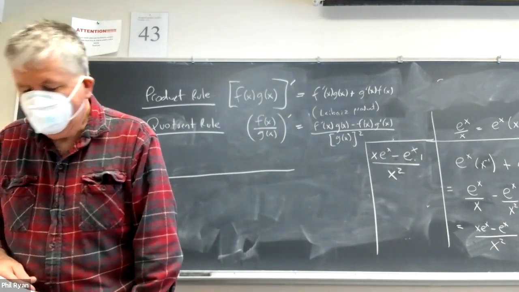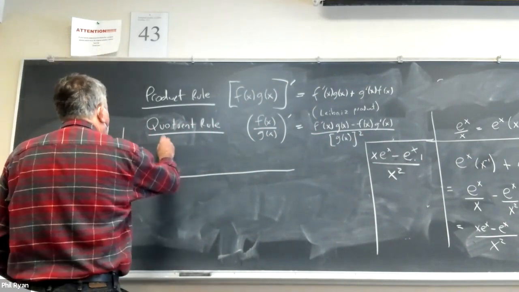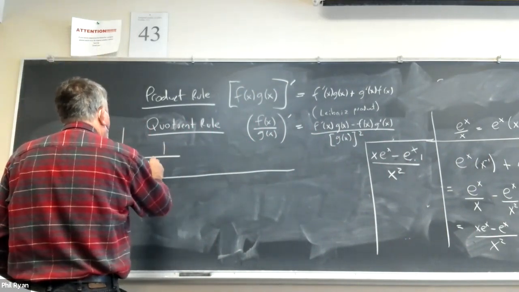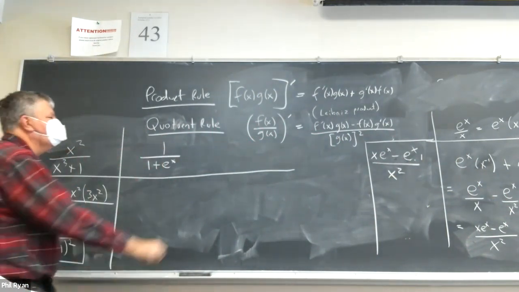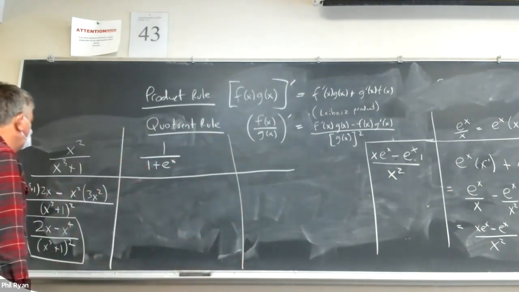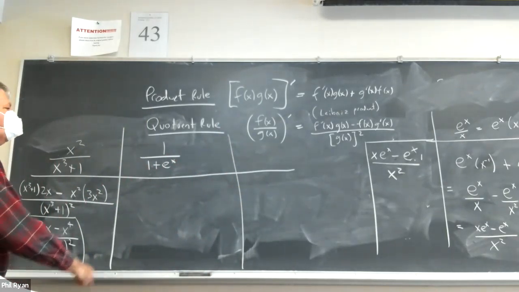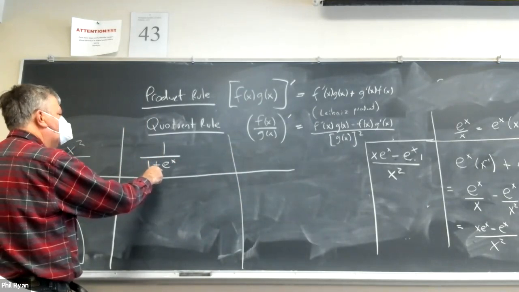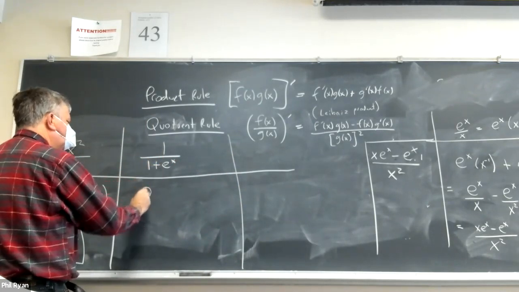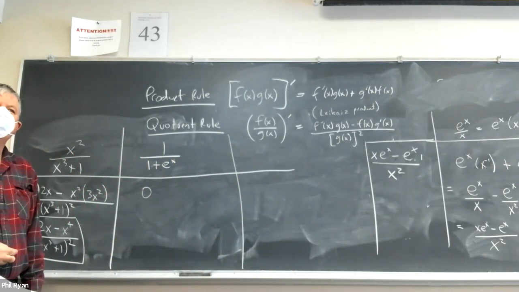Let's do another one. 1 over 1 plus e to the x. Again, what is it? Low d high, well, that's 0, right? Because the derivative of 1 is 0.